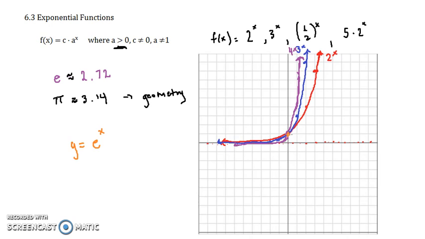It's just a little bit smaller. So it's going to be like maybe right here between 2 and 3, a little bit closer to 3. And then, I don't know if I can even draw it in here. It's going to be between them like that. Okay, so e to the x you can think of as being very, very similar in value to 3 to the x. And it's a value that comes up very often, so we use it a lot in these applications.